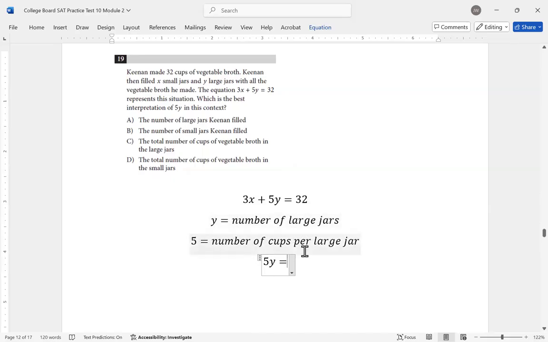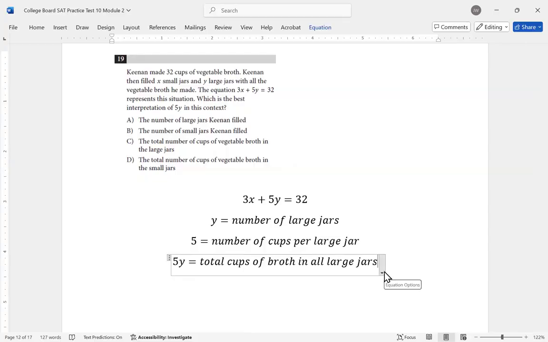That would be the total number of cups of vegetable broth in the large jars. So the total cups of broth that are in all the large jars. And therefore, the answer to question 19 is C. The best interpretation would be C, the total number of cups of vegetable broth in the large jars.